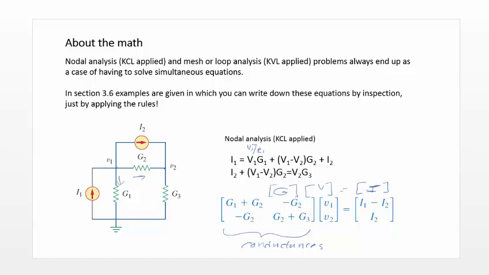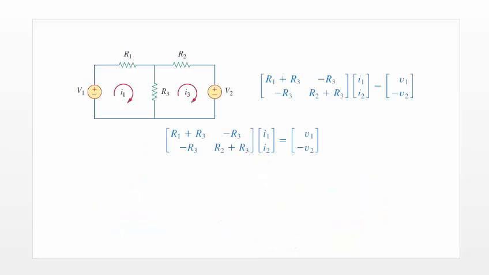So that's actually kind of worth summarizing. Or do I have that on the next slide? Yes, well, it's kind of an example. Here's somewhere where I'm applying a mesh analysis or a loop analysis. There are 2 loops, so I will have 2 equations and 2 unknowns, but when I write my loop equations, they always end up being in the form of known V's, and I times R1, I times R2, and my I's are the unknowns.